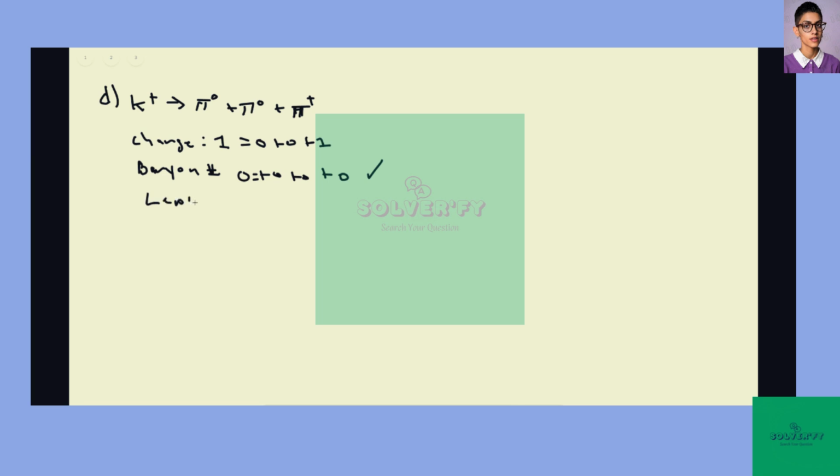Lepton number. None of these are leptons, so 0 plus 0 plus 0, so that's conserved. Let's look at spin. You have 0 is equal to 0 plus 0, so that's also conserved. Now let's look at strangeness. With strangeness, we have 1 for the kaon is equal to 0 plus 0 plus 0, because pions do not have any strangeness, so this is not conserved.